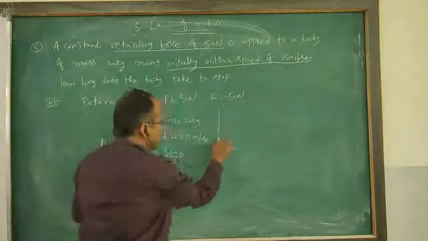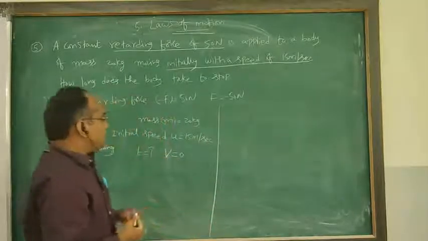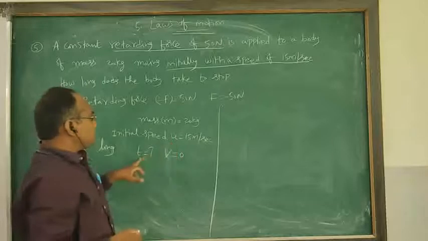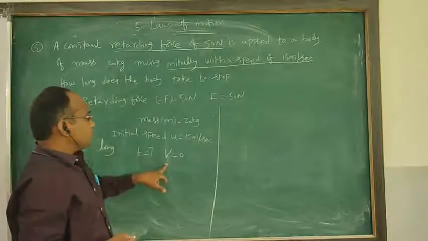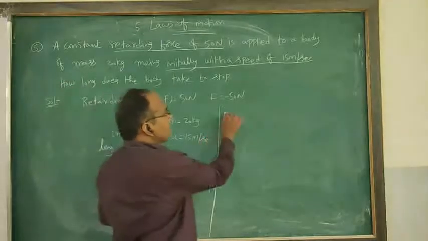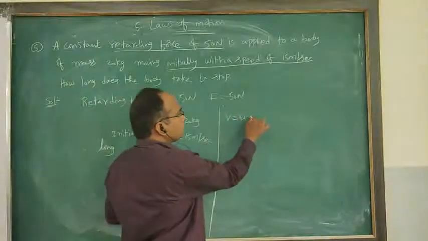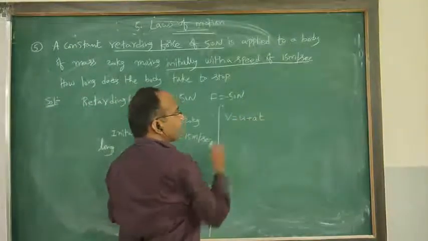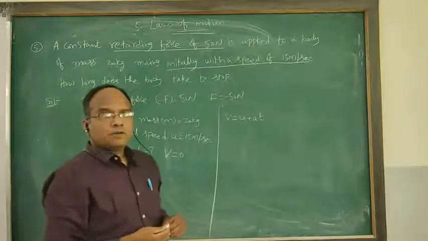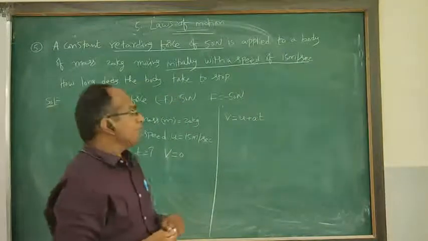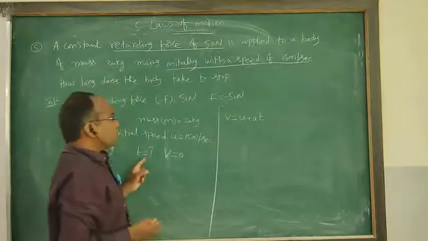Now what is the formula? Here u is there, t is there, v is there. So V is equal to u plus at. From here we have to find out the time.